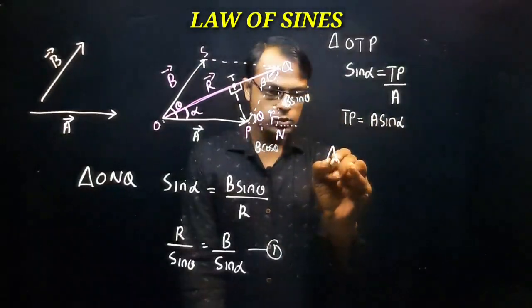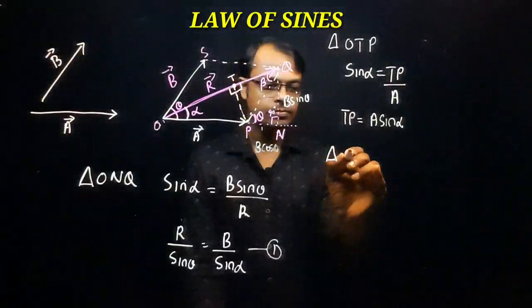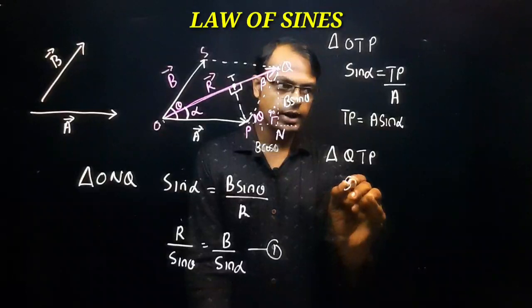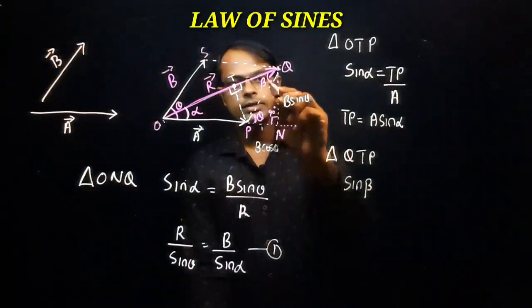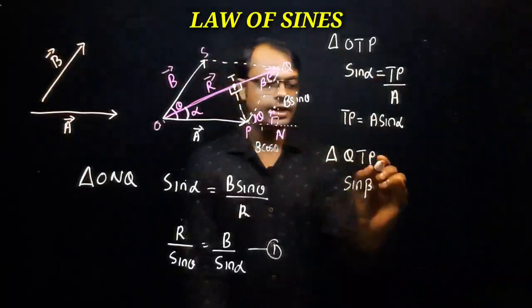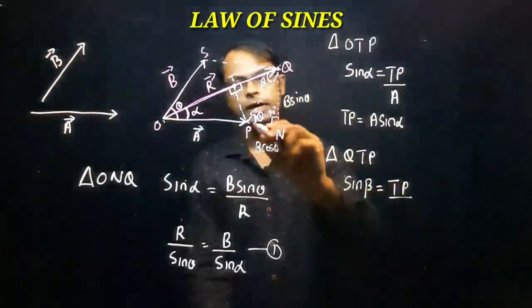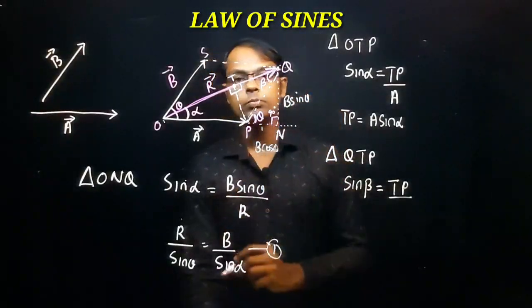Now let's use another triangle, that is QTP. From there you can find sine beta. Sine beta is equal to, once again, opposite side, TP, divided by hypotenuse. In this case, what is the hypotenuse? PQ.